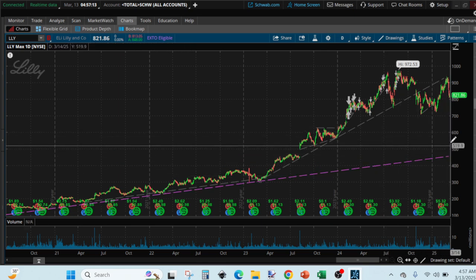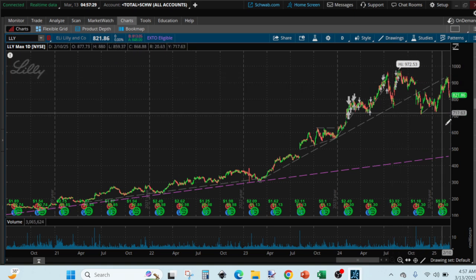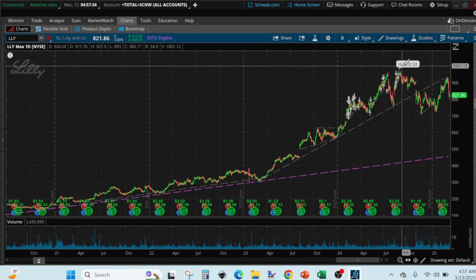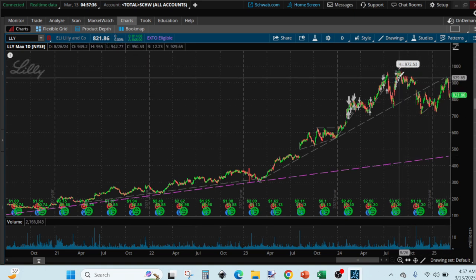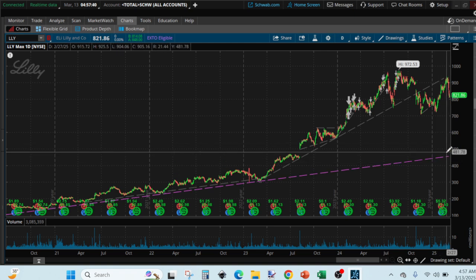Some stocks will come back to the trend line multiple times before going up. If you want to sell it at a price that is higher than the previous purchase, you want to consider all of that before you buy it again.